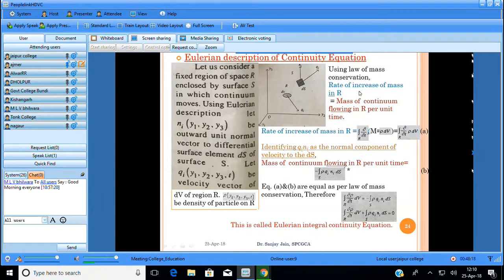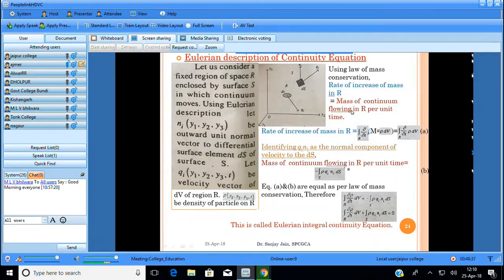I have underlined 'increase' and 'flowing' because they are important. Whatever mass is inside, after flowing or deformation, the mass outside should be equal by the mass conservation law. It comes in, and it is flowing outside.